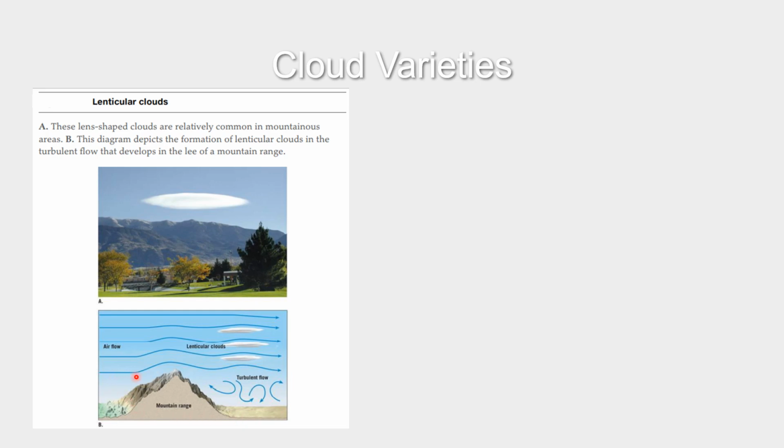the wave crest, it cools adiabatically. So there's adiabatic cooling again. If the air reaches its dew point, then the moisture in the air will condense to form a lenticular cloud.